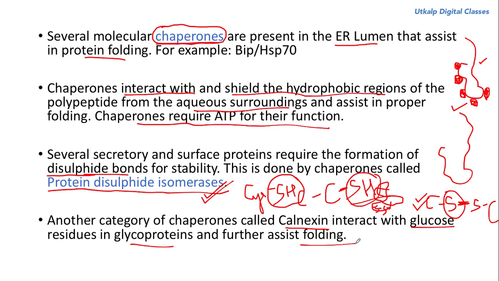Then there are protein disulfide isomerases, which form disulfide bonds in the proteins and render them the required stability. Then you have proteins like BiP, binding proteins, and HSP, that is heat shock proteins, which assist other proteins in their folding process.